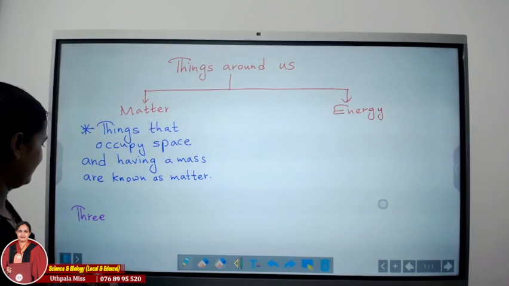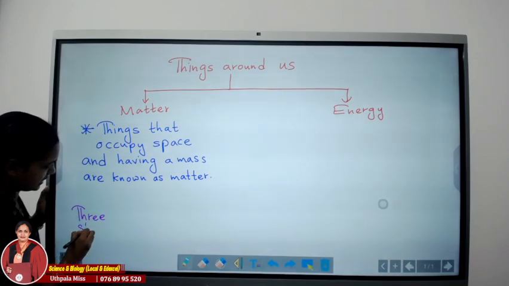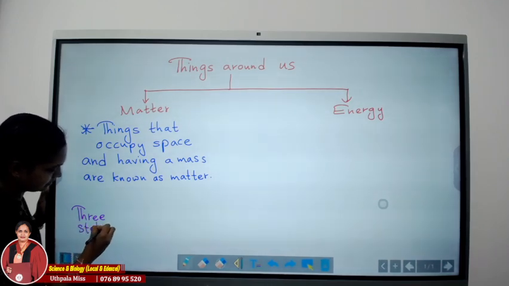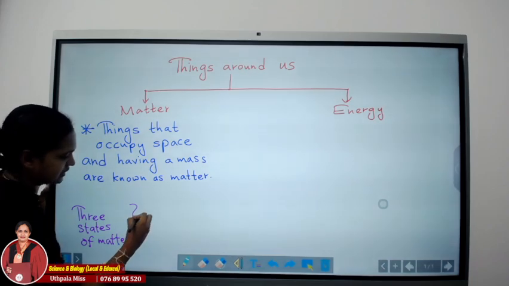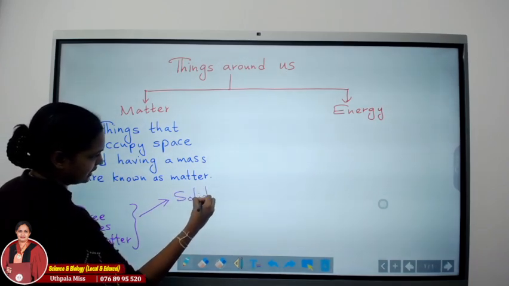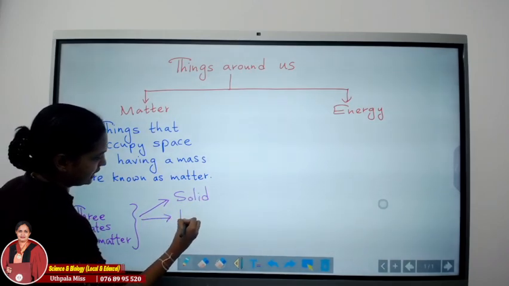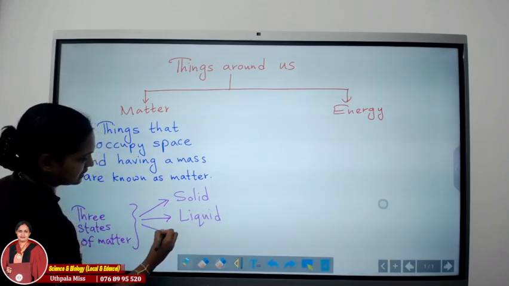Okay. So there are three states of matter. What are the three states? Solid, liquid, gas. Solid state, liquid state and the gaseous state.